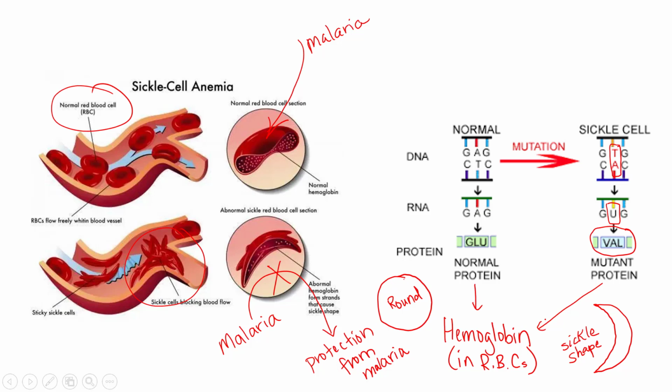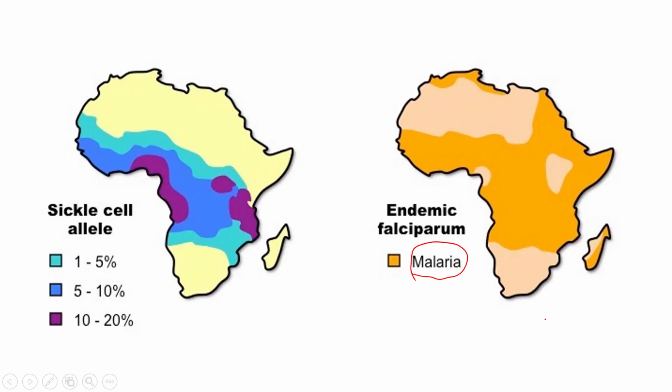It provides a survival advantage if you live in an area like West Africa, where malaria is common. This is actually an evolutionary principle. It's called selection. We'll talk more about it in a future episode, but I wanted to show you that mutations can be beneficial.